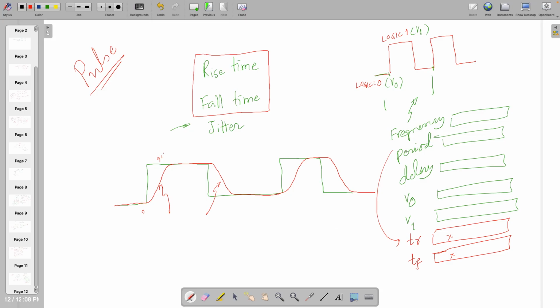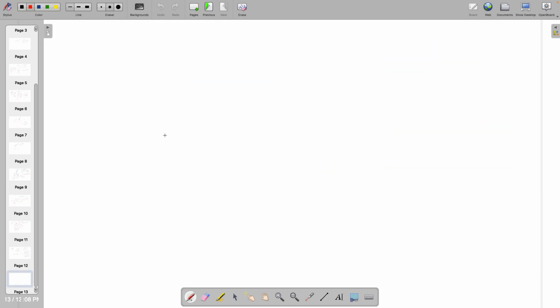Understand, this is very interesting because you might have this kind of signal, and you might have this kind of signal.